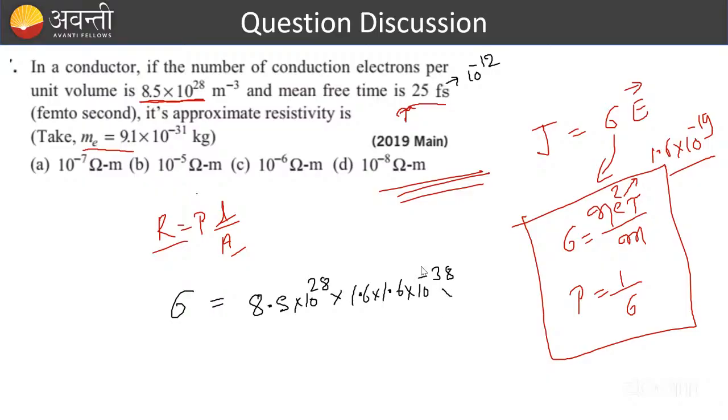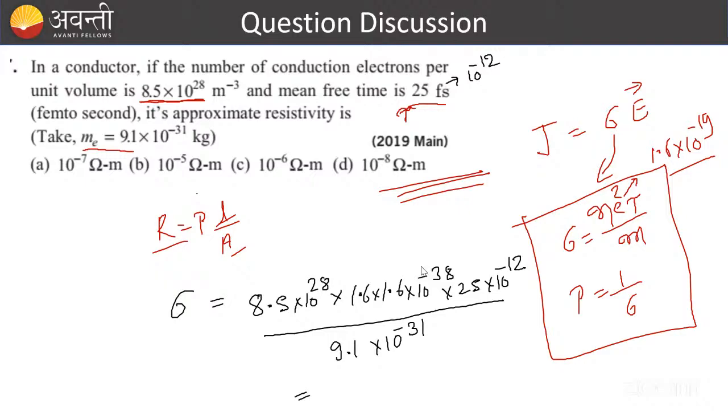So this is 25 into 10^-12, and this divided by 9.1 into 10^-31. First you deal with the power. अगर आप power के साथ deal करोगे, 28 minus 38, this will be -10.